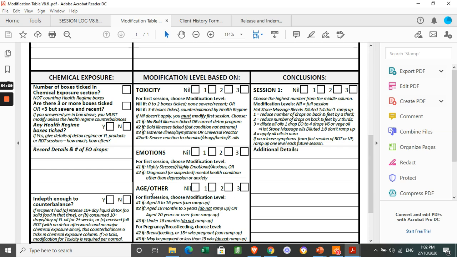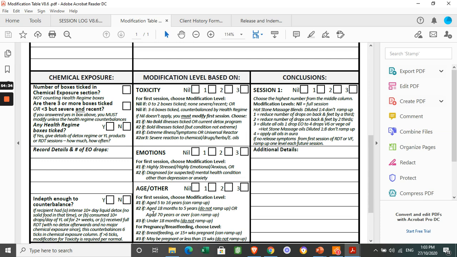So for age other, your first session, you're going to choose a modification level of 1 if the person is aged 5 to 16 years, and you can ramp up if they have no major detox effects after that to a nil. You're going to do a number 2 if they're aged 18 months to 5 years, and you are not going to ramp up until they are older than 5 years of age.